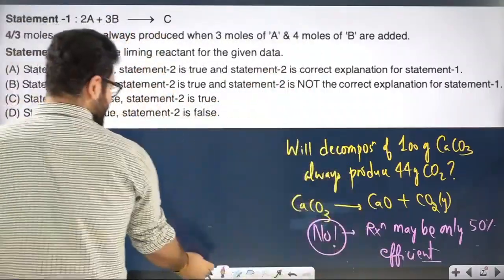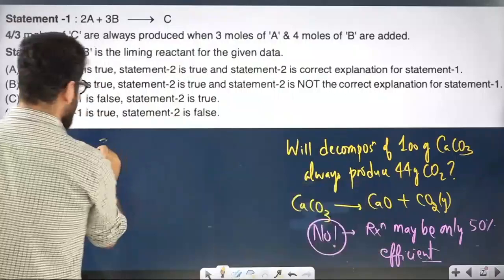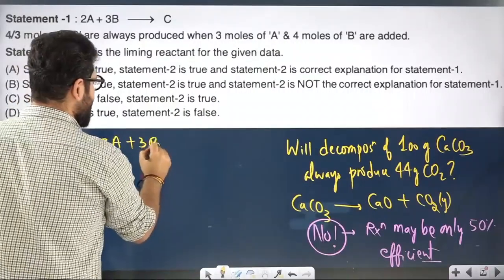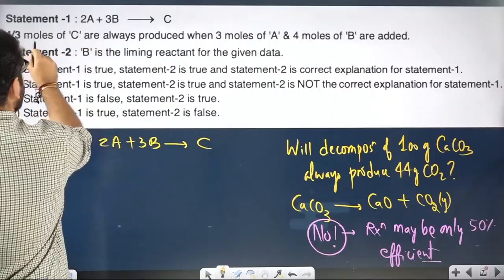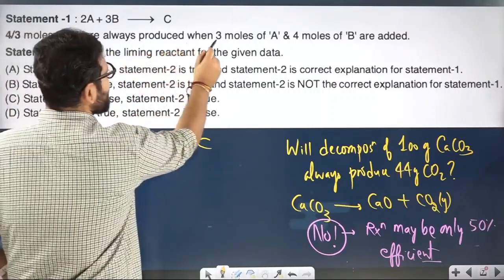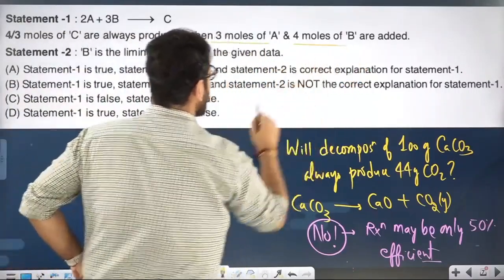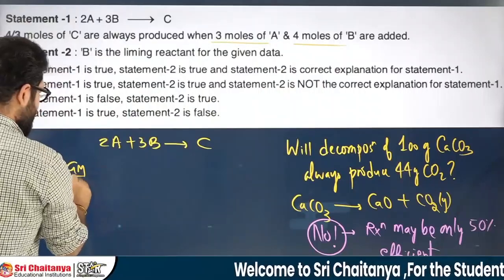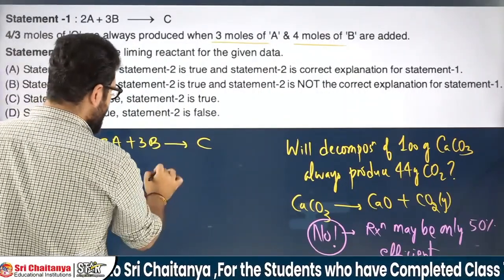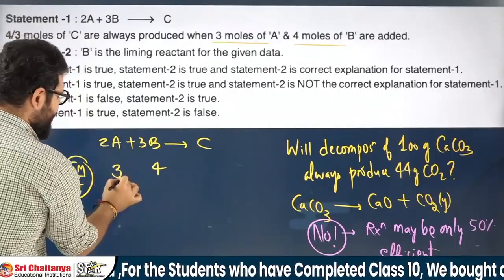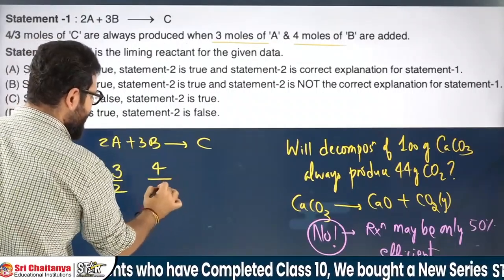2A plus 3B give 1C. Statement 1: 4 by 3 moles of C are always produced when 3 mole of A reacts with 4 mole of B. Given moles by stoichiometry: 3 moles of A and 4 moles of B. Stoichiometry is 3 by 2, 4 by 3.